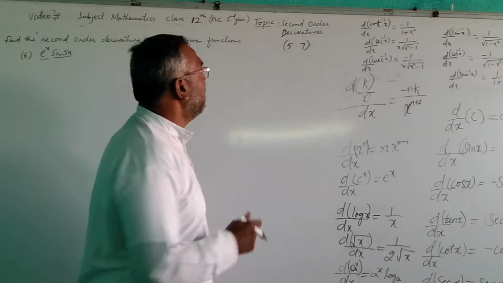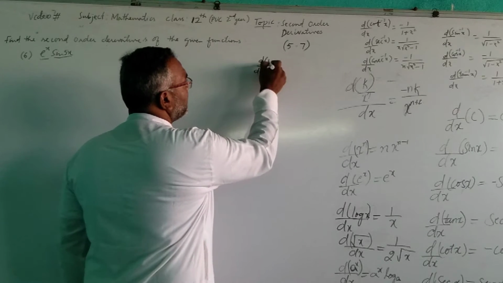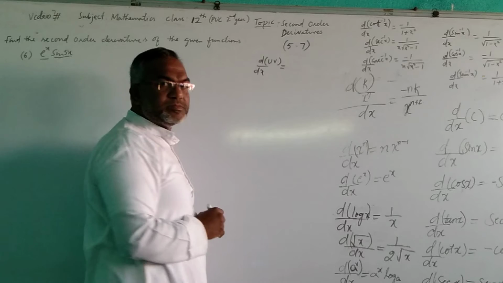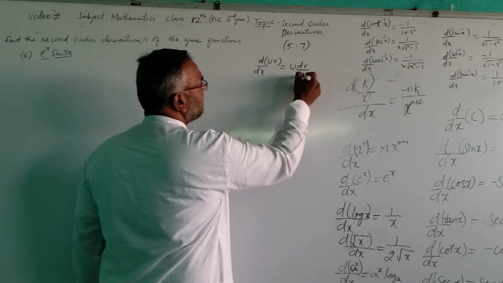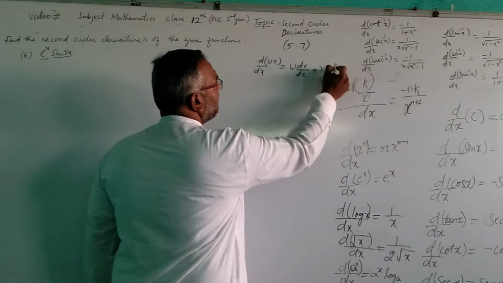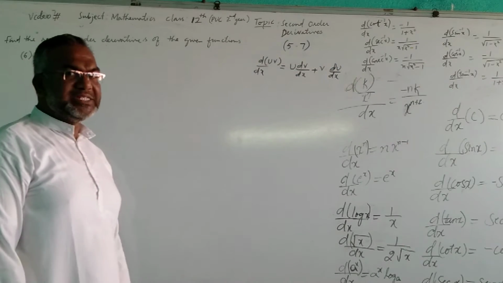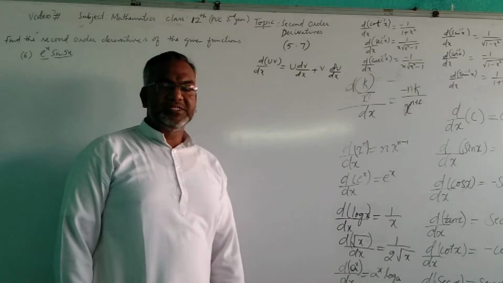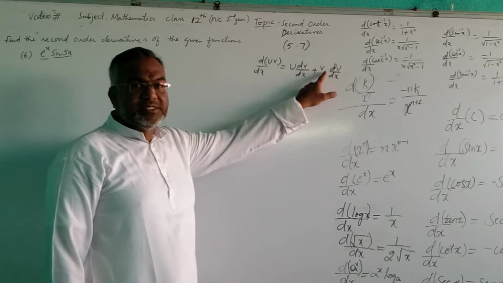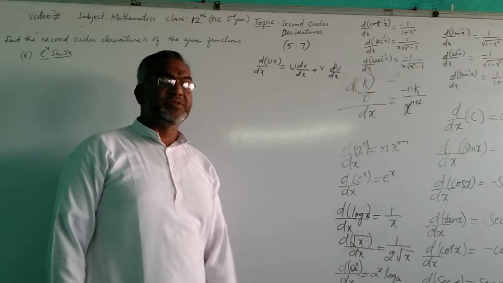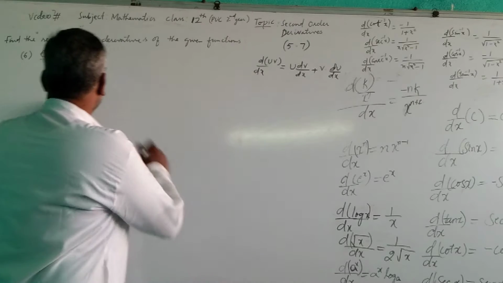Yesterday in the previous video we saw the UV rule: d by dx of uv is u into dv by dx plus v into du by dx. First function as it is, differentiation of second, plus second function as it is, differentiation of first. Now to solve this question you have to do the same.